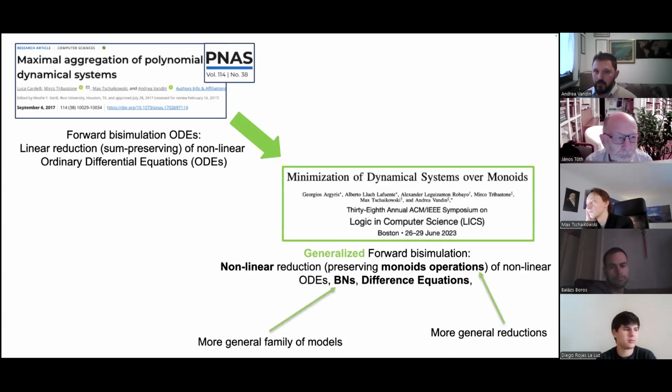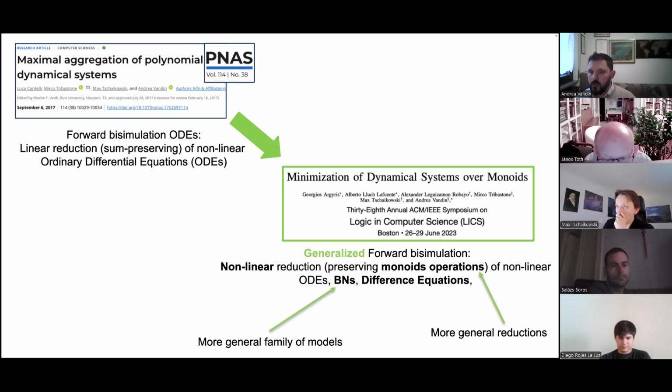So after that paper, we decided to develop from scratch reduction techniques for Boolean networks because the ODE encoding was difficult, was taking a lot of time to be done, was not scalable. And if you work on Boolean networks, you want to stay in the realm of Boolean networks. You don't want to get reduced ODEs.